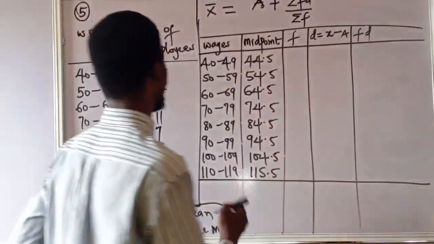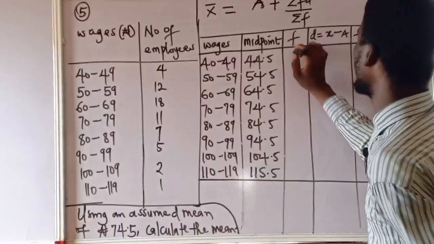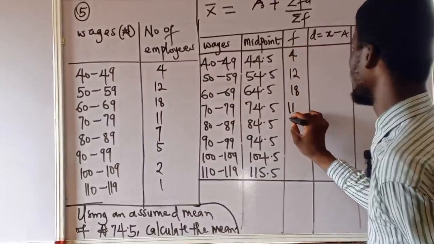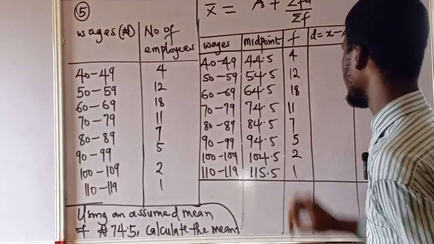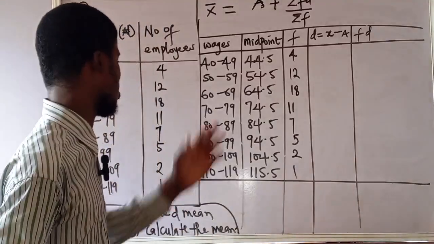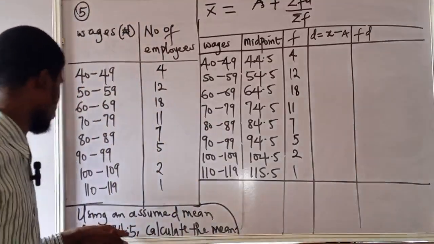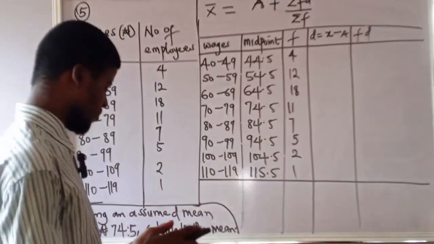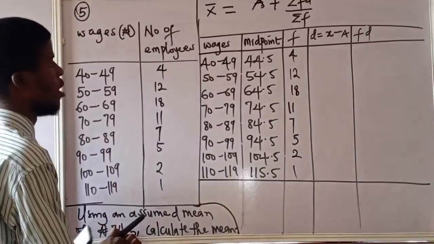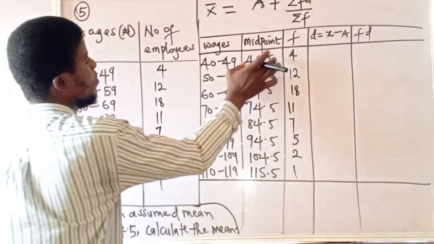The frequencies we have: 4, 12, 18, 11, 7, 5, 2, 1. So what is the deviation from the mean now, which is the assumed mean? The assumed mean is 74.5. So we subtract this 74.5 from the midpoint.